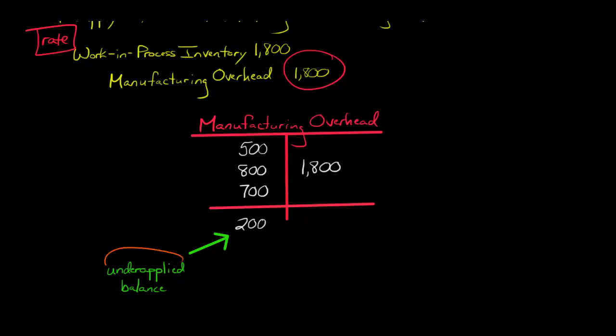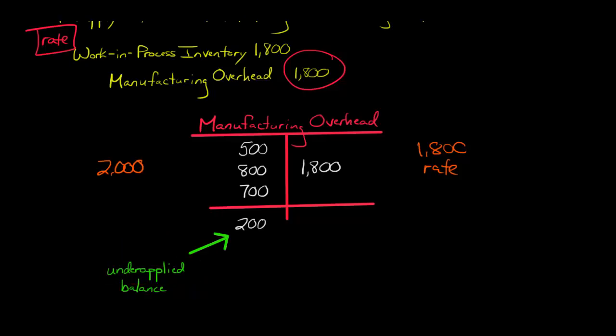We would call this an underapplied overhead balance. It basically means that, look, the actual manufacturing overhead for the period was $2,000. But based on our predetermined rate that we used to apply overhead, we only got to $1,800. So we didn't apply enough overhead. That's why we say it's underapplied.